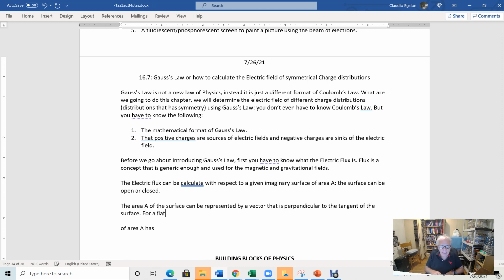For a flat planar surface, this area vector is perpendicular to the surface itself.